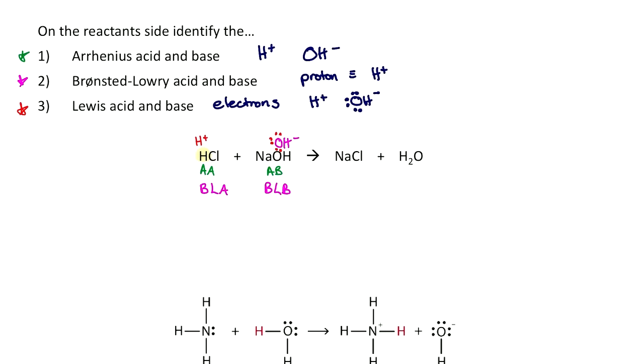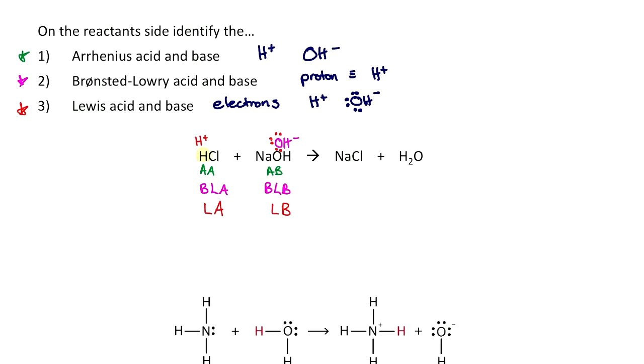Which substance is the electron donor of our two reactants, HCl or sodium hydroxide? It would be sodium hydroxide, because the hydroxide has that oxygen with all of those electrons on it. So sodium hydroxide is our Lewis base, and that would make our HCl, the presence of that H plus, our Lewis acid.